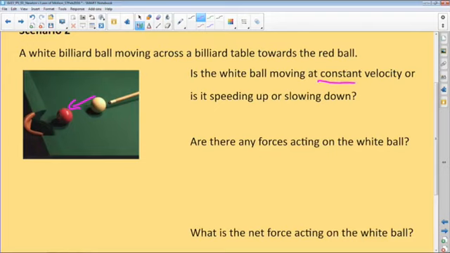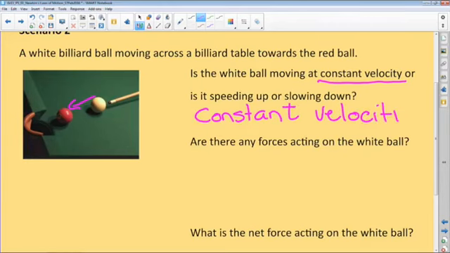So in this case, because the friction is small and the surface of the snooker or the billiards table is not going to cause too much friction, we're going to say that in this case, it is going to be a constant velocity because the surface of the ball is smooth. Okay?